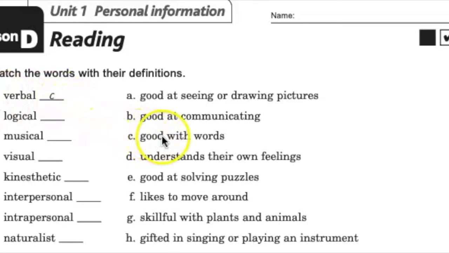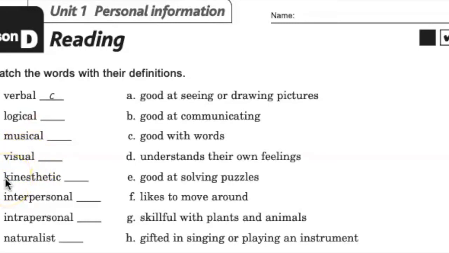Good with words. Okay? What I'm going to do is I'm just going to say the words, and then you guys can put it on pause and do the actual test. But we'll just practice saying them. Logical, musical, visual.